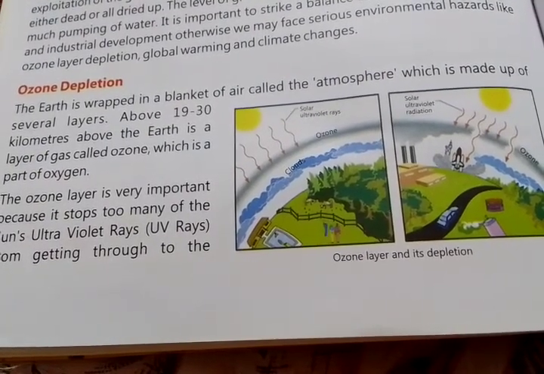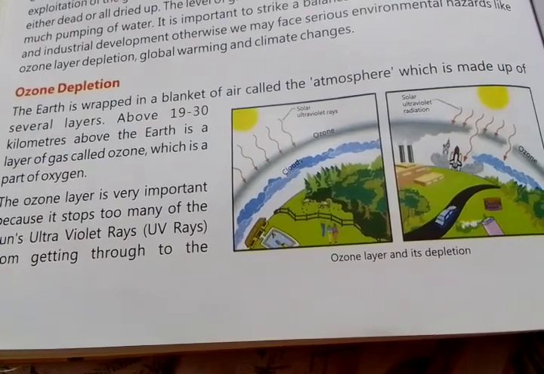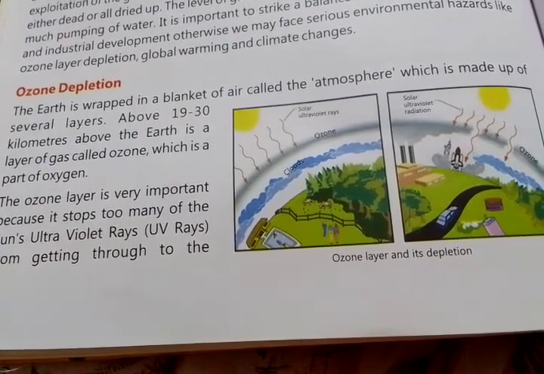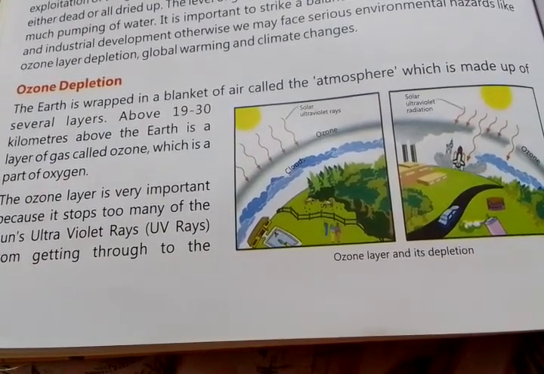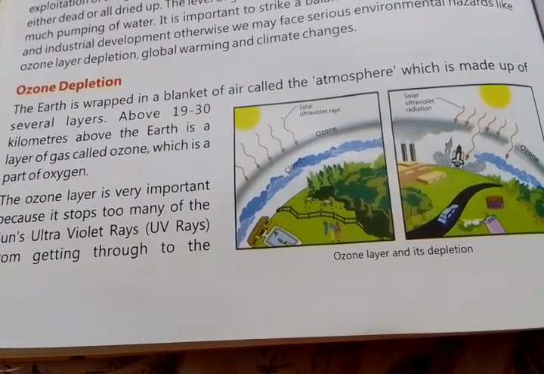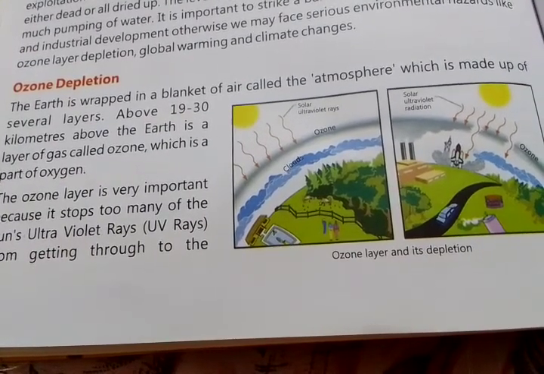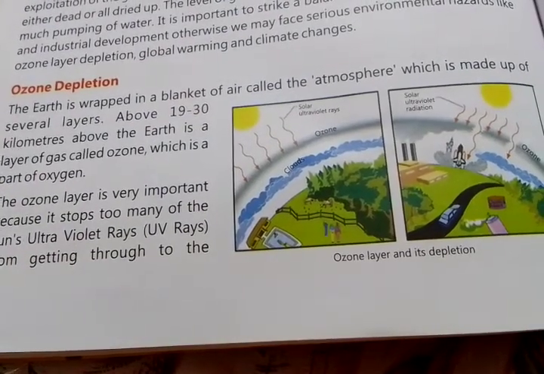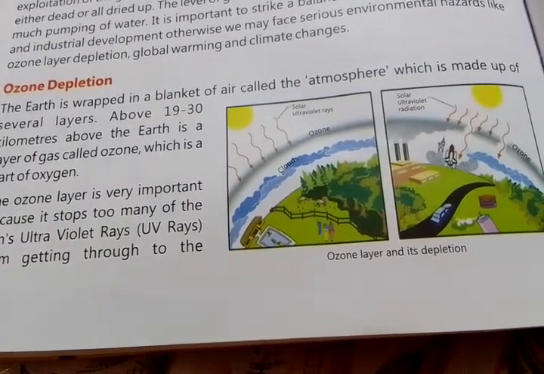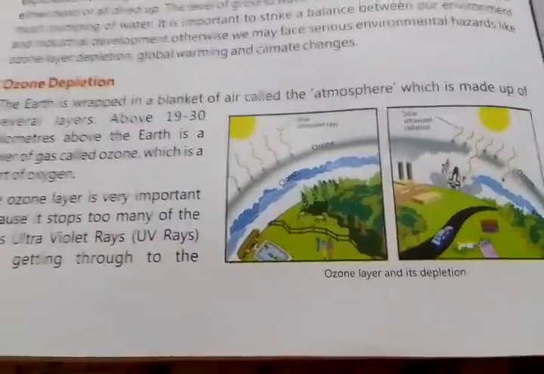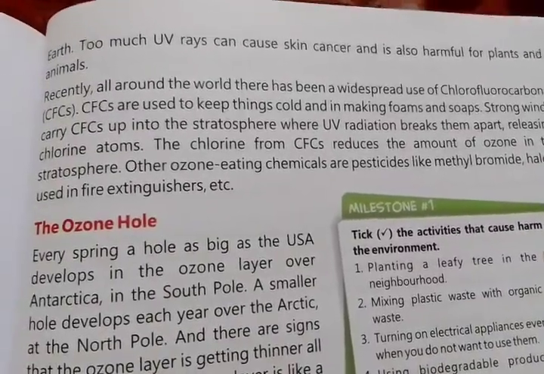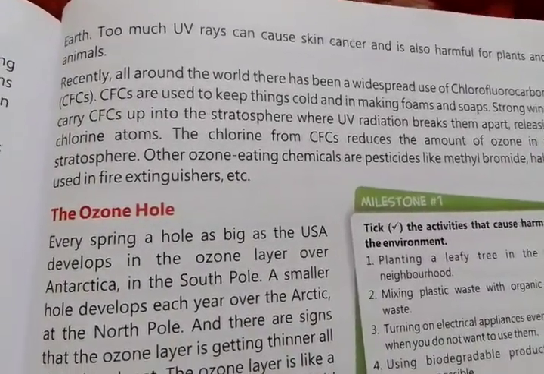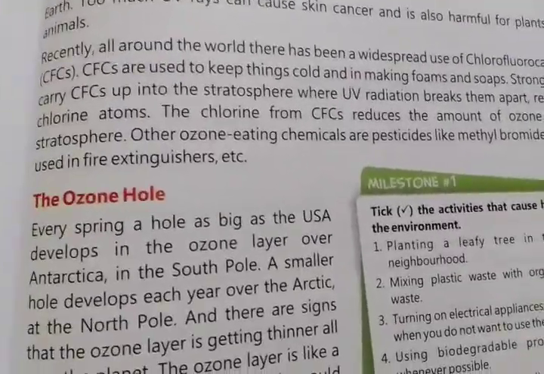The ozone layer is very important because it prevents too many of the sun's ultraviolet rays, that is called UV rays, from getting through to the earth. Too much UV rays can cause skin cancer and are also harmful for plants and animals.